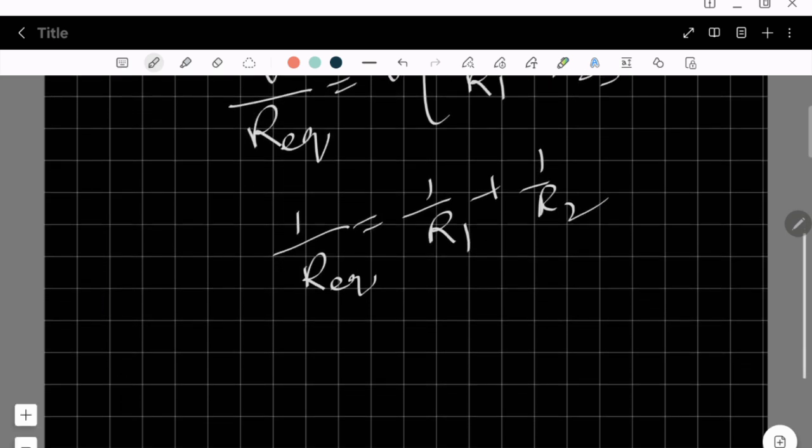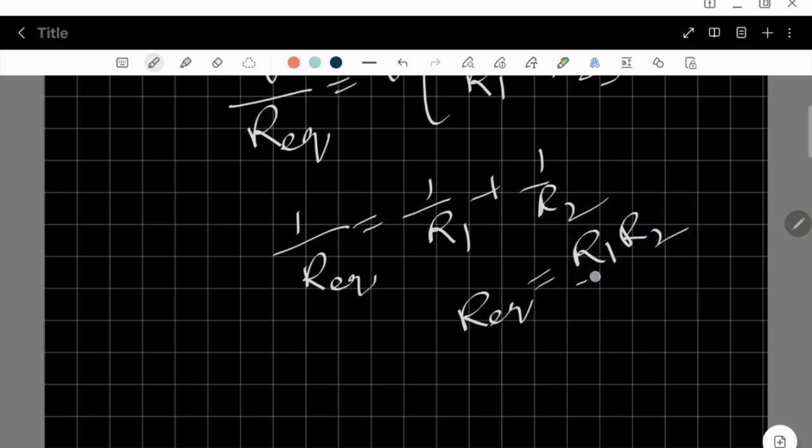This is the equation when two resistors are in parallel. If you want R equivalent directly, you need to take the inverse. If you take the LCM, you will get R1 R2 in the denominator and R1 plus R2 in the numerator. Taking the inverse, you get R equivalent directly: R1 R2 by R1 plus R2.